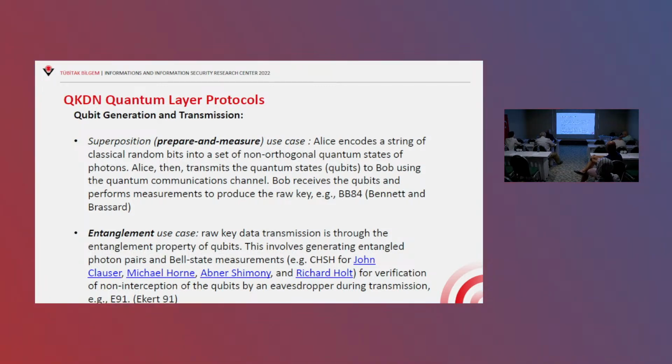Usually in practice, instead of Bell state measurements, people would use protocols equivalent to Bell state measurements that are easier to implement. One of them is the CHSH protocol.